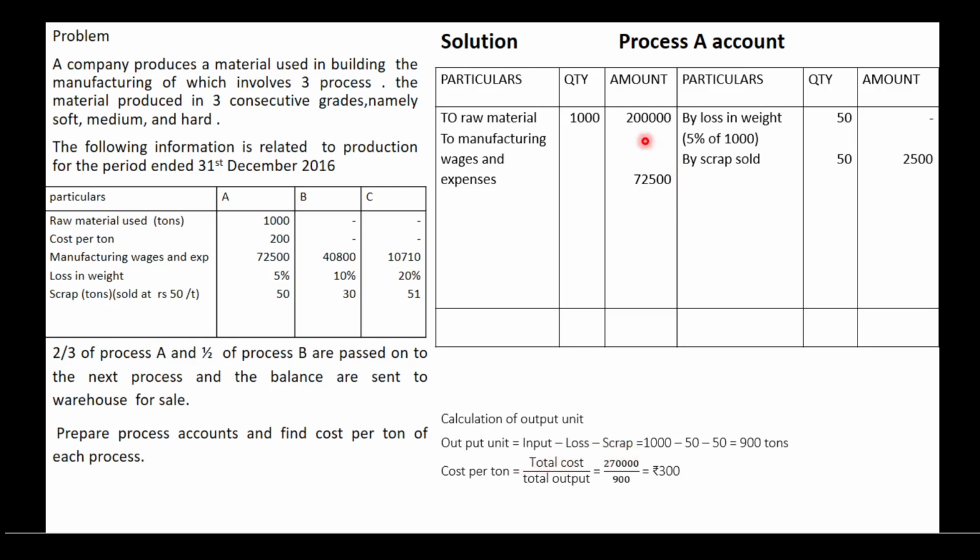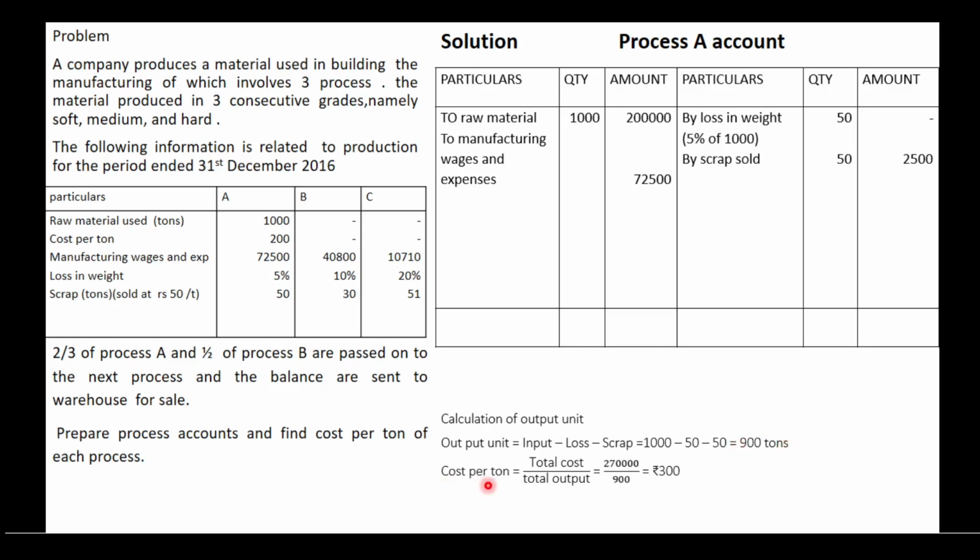So the input units are 1000 tons minus losses of 50 tons minus scrap of 50 tons, that is 1000 minus 50 minus 50. So now the output units are 900 tons.